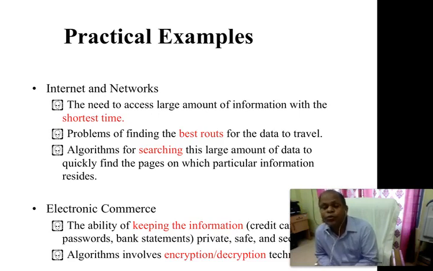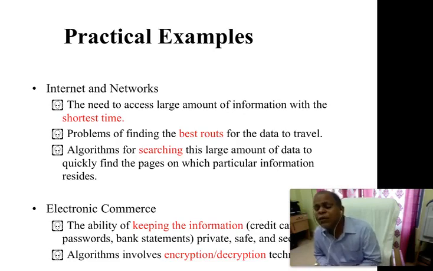Now, in order to get the data quickly, not only your internet speed or your connectivity is necessary, but also the path that the data follows. Suppose your data is traveling along a long path, then it will take a long time, whatever your processing or internet speed may be.